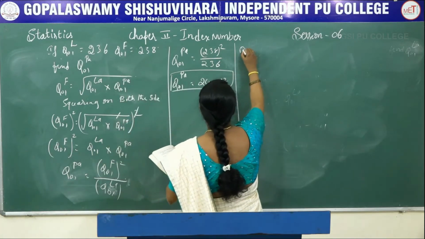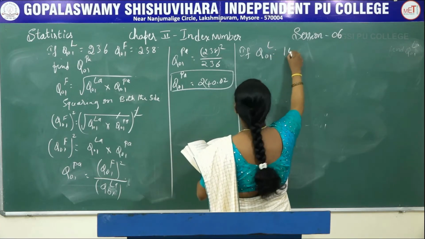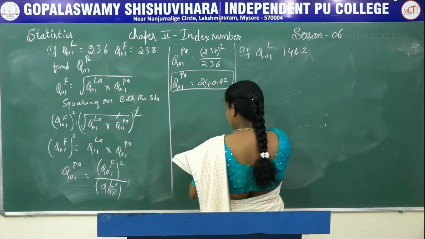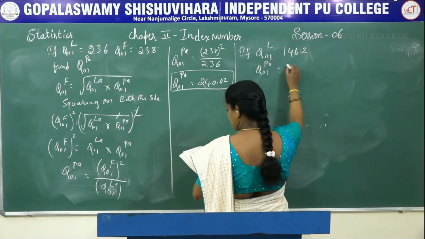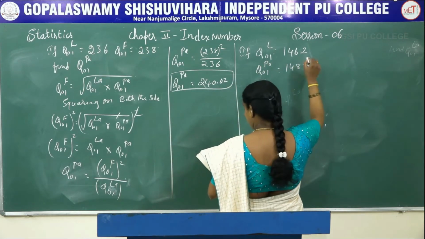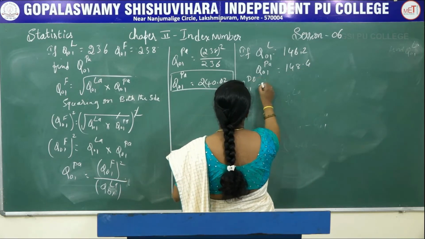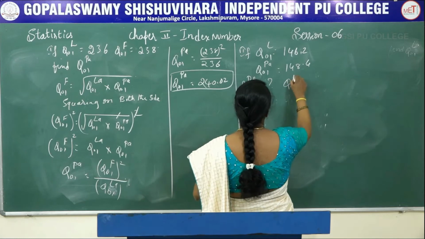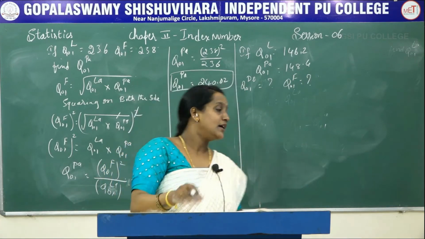And the next problem. If Q01 of Laspeyres is 146.2, Q01 of Paasche's is 148.4, find Q01 of Drobisch-Bowley and Q01 of Fisher's. This we have to find.